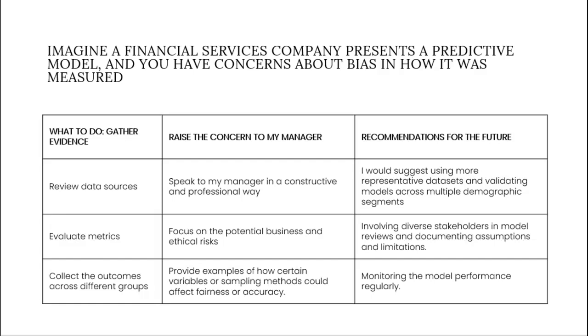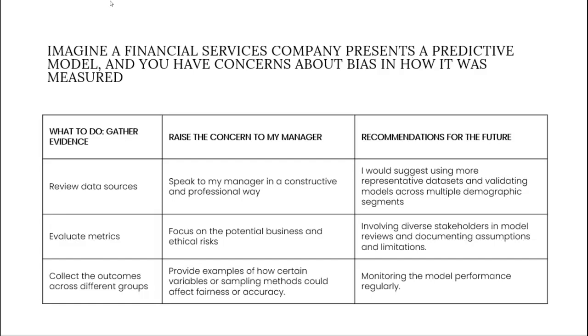I would then raise my concerns with my manager in a constructive and professional way, focusing on the potential business and ethical risk rather than assigning blame. For example, I might explain how certain variables or sampling methods could be skewing results and affecting fairness or accuracy.